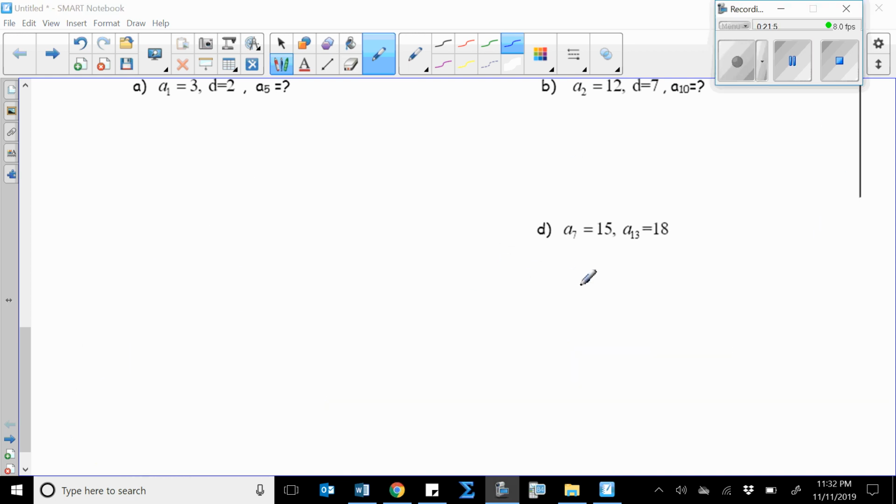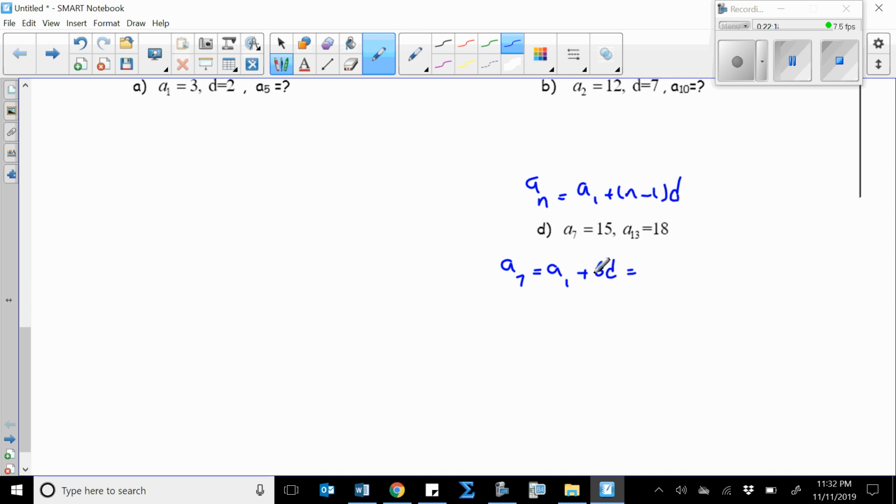Okay, now let's work on this problem. In this one, a7 and a13 are given. So we're going to use the same rule. an equal to a1 plus n minus 1 times d. So a7 is equal to a1 plus 7 minus 1, which is 6d.